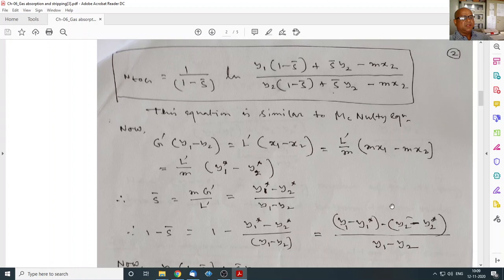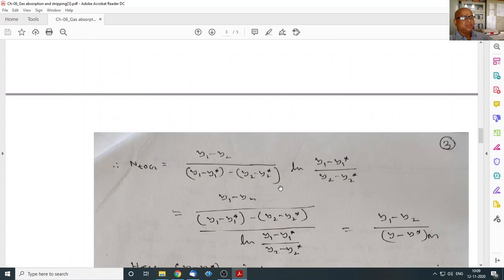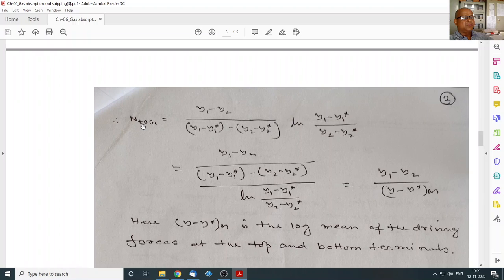I will put this term, and for this term I will put this one. Then integrating, it is coming y1 minus y2 by y1 minus y1 star minus y2 minus y2 star into ln of y1 minus y1 star by y2 minus y2 star.